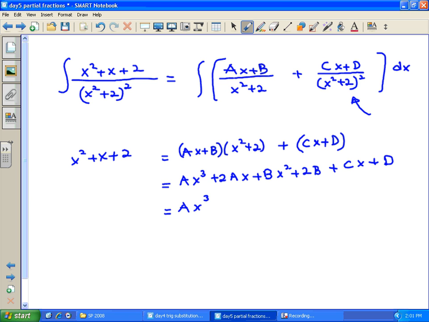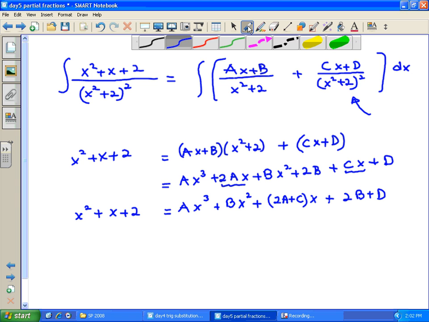Okay, I only see one x squared term. How about x terms? I should combine this one with this one, right? 2a plus c. And the constant with no x's in them, we have 2b plus d. All of this must be equal to the left-hand side.